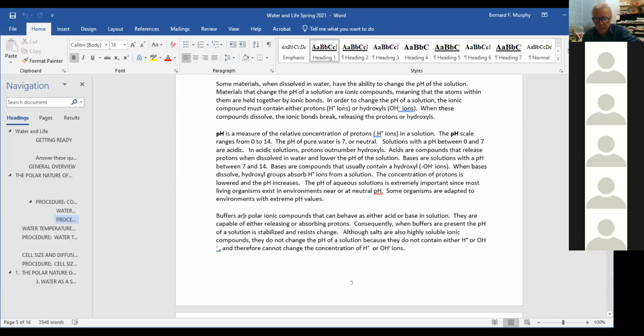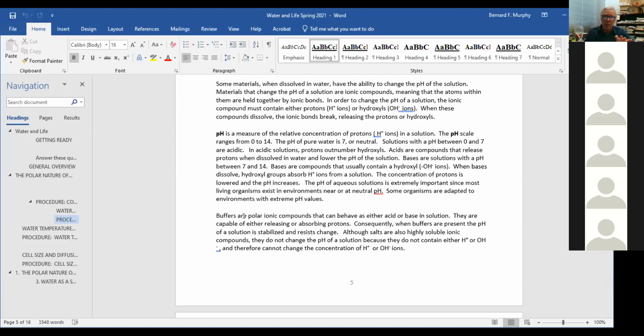buffers, right down here. They're really important because there are compounds coming into your blood and leaving your blood that are acids and bases. And you can't let your blood pH change by very much. So a buffer is a compound that minimizes pH changes.